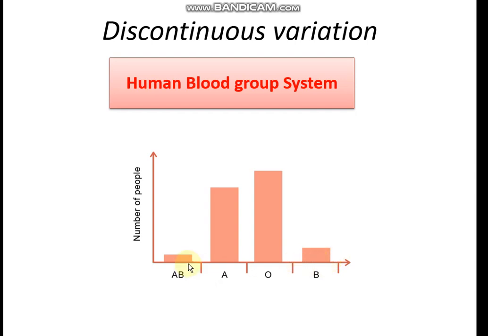There are 4 distinct, clear-cut types. Either the person has blood group A, AB, O or B. There is no other value. It is qualitative, it cannot be measured. So this is a discontinuous variation example, the human blood group system, and the graphical representation is a bar graph.